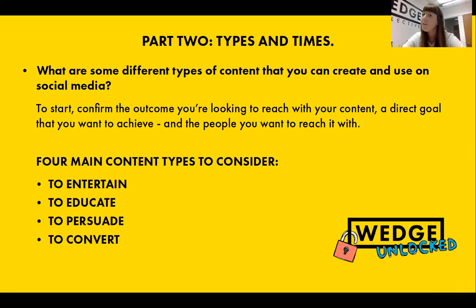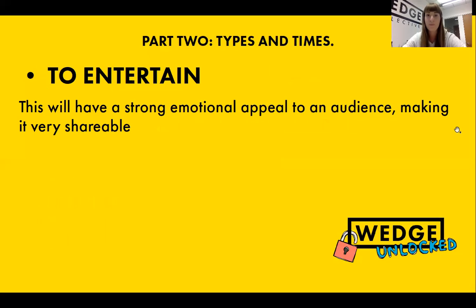So it's not just about having a business and selling, you yourself can be a personal brand. Let us know if you want any more information about that, because it can be quite an interesting concept to understand. So there's 4 main content types to consider: to entertain, to educate, to persuade, and to convert. We'll have a little look at those in more detail.